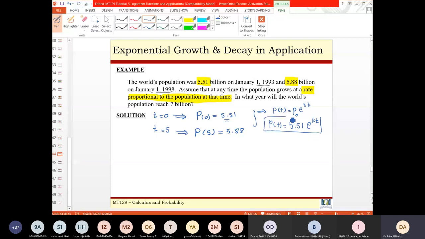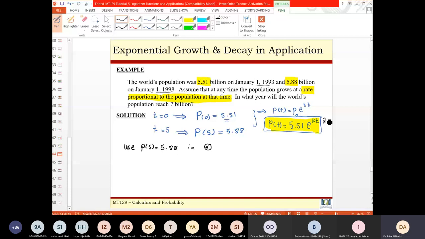I still don't know what this K is. But I have a winning هنا. أنا عرفت ال P0. باقي لي ال K. How can I find it? Now I use P of 5 equal to 5.88 in equation star. I'm gonna call it equation star.